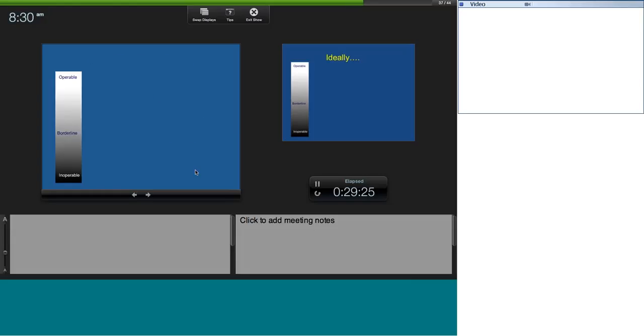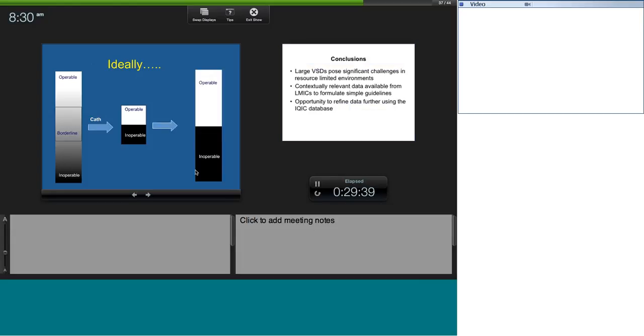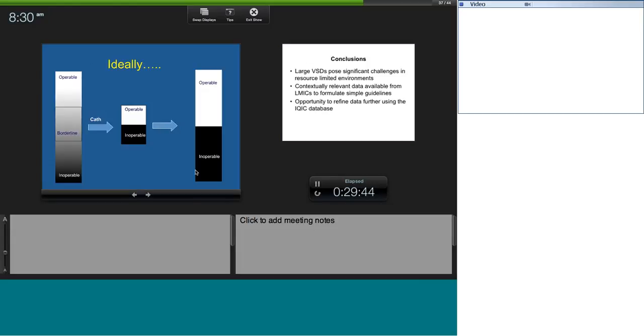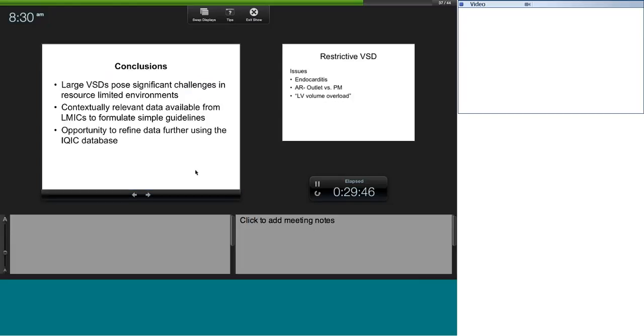If you look at the spectrum, operable to inoperable and borderline, you have this notion that cath would convert it into white and black, the gray zone. But I think the cath only narrows down the gray zone. In the real world, it actually makes the gray zone narrower, perhaps.